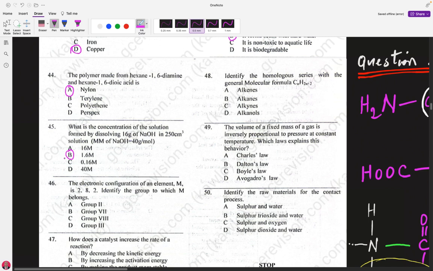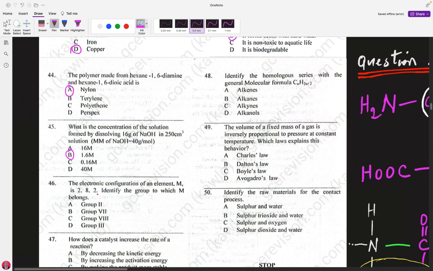So if we look at the electron configuration based on the Bohr model, 2 inner electrons, 8 electrons in the next energy level, and 2 outermost electrons or 2 valence electrons, it means the group to which M belongs is group 2.